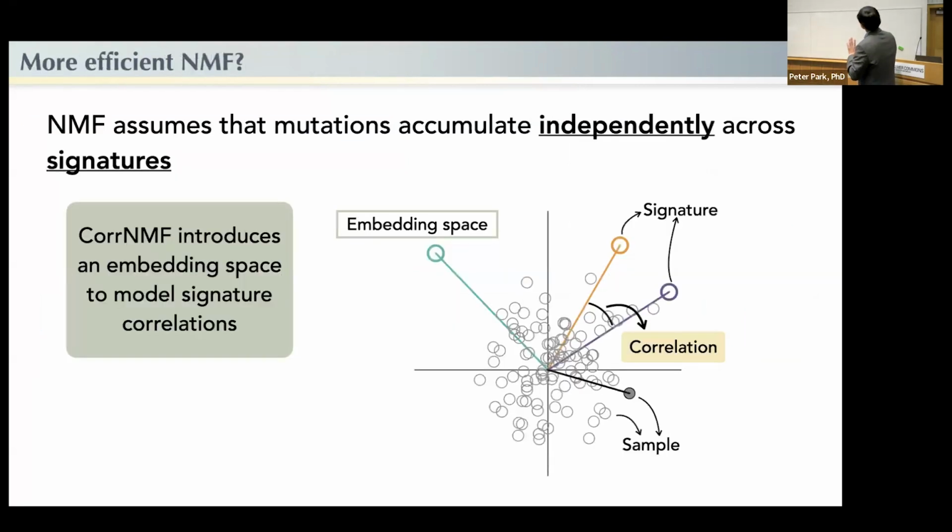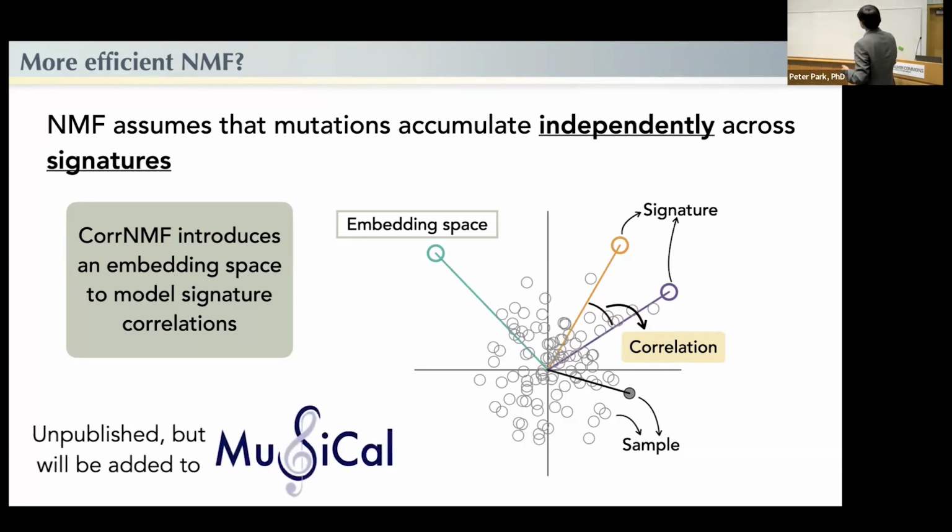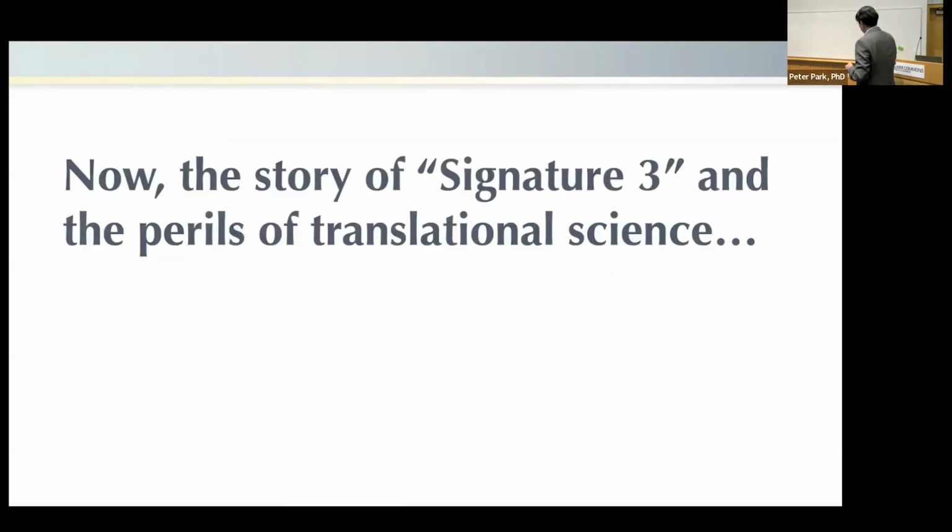Okay, so I'm not going to tell you the details of how that works, except to say that the assumption that standard methods make is that whatever processes occur are occurring independently in different samples, and that's clearly not true. And so there's some fancy embedding method that we can use to obviate that issue. Okay. All right, so that's a lot of methodology.